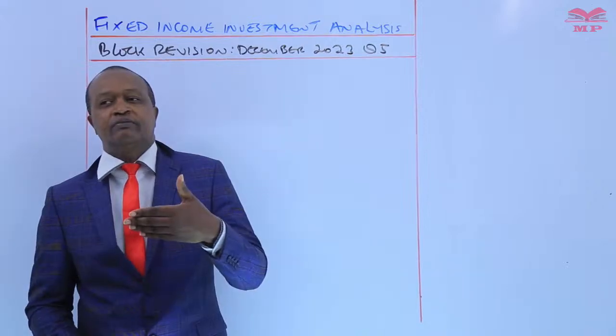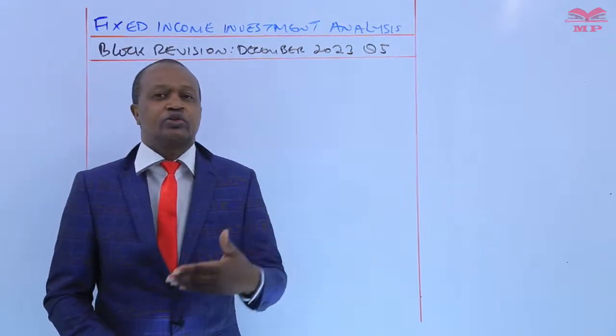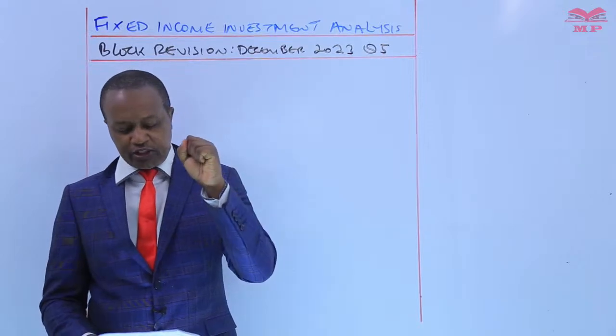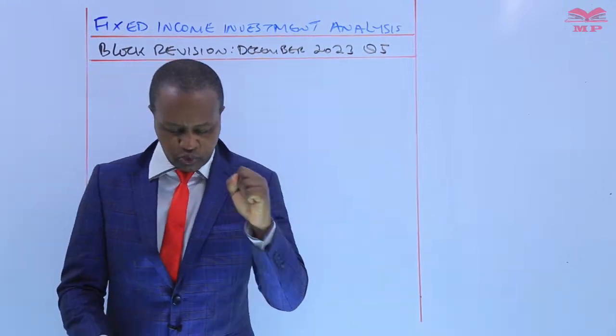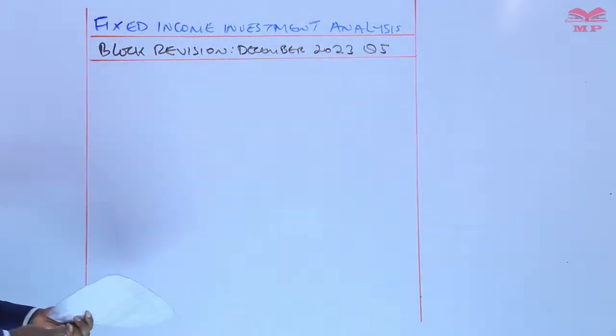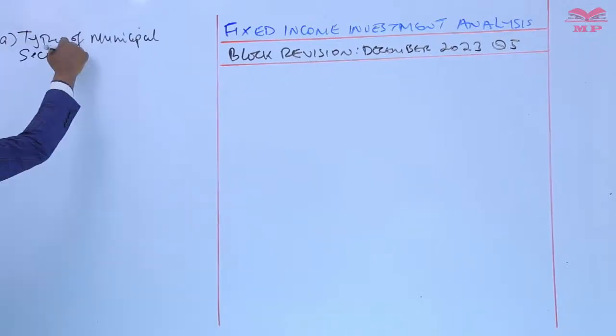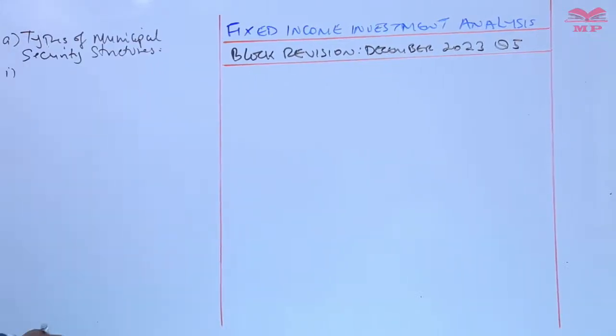We may have the bond anticipation notes, and so on. Those are 5. Candidates were to explain 2. So let's put down the 5 types of municipal security structures.